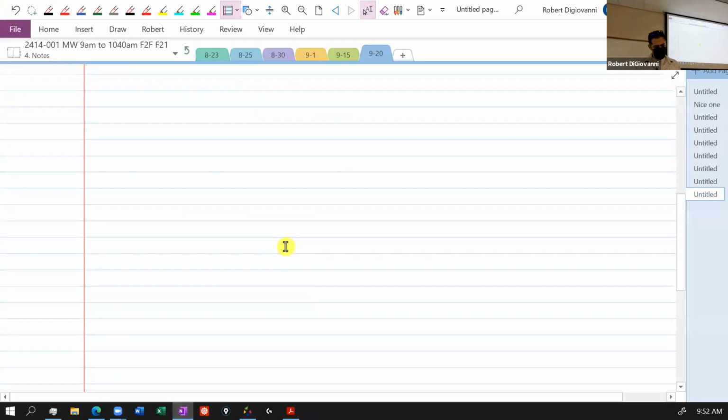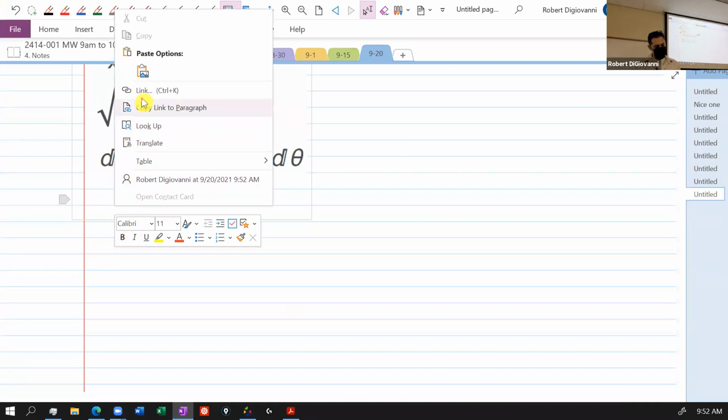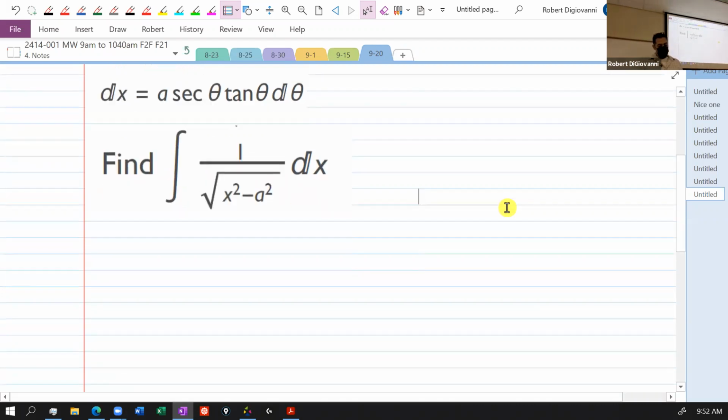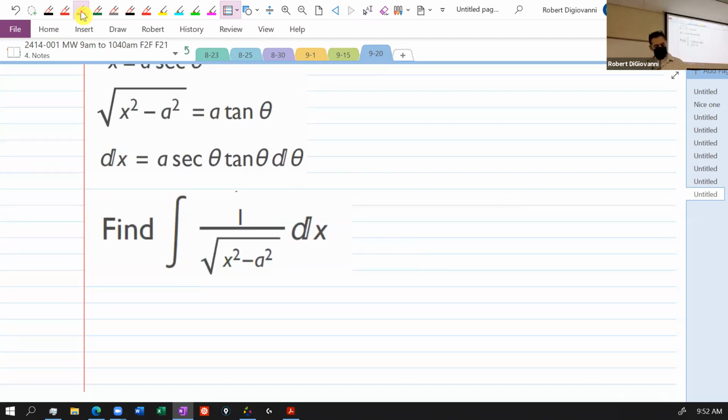So this is a problem where they want us to find the antiderivative of this, but they don't tell us what A is, which means our answer is just going to have A's floating around the whole time. So the trig sub I'm going to make is exactly what's above here: x is equal to A secant theta.